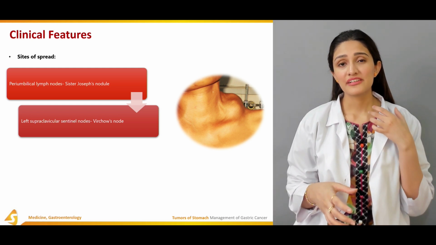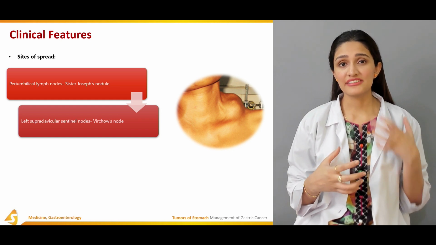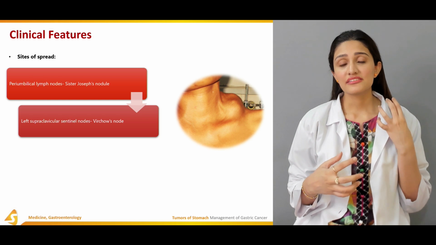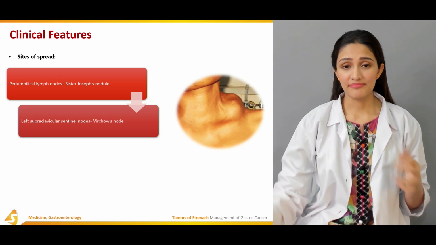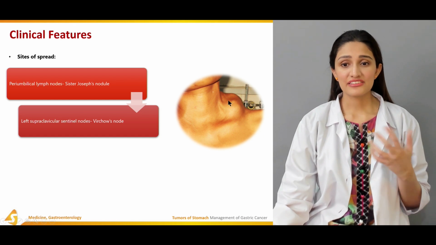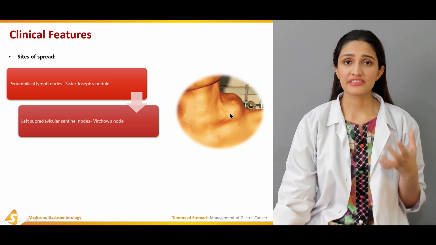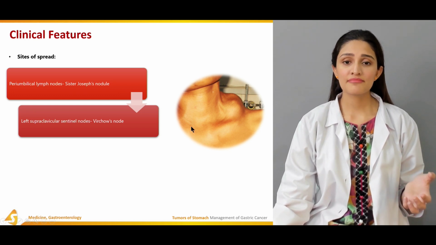So the left supraclavicular nodes are enlarged, and there's a prominence within the left side of the neck, such as in this picture. We can see this growth is known as Virchow's node, which is a very characteristic feature of gastric cancer.